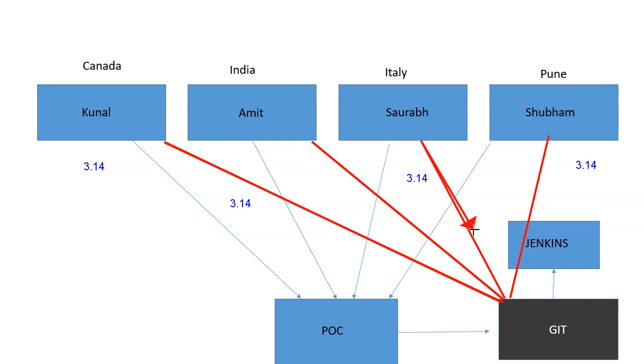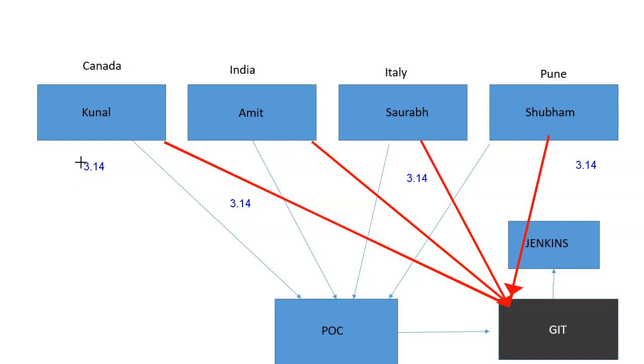And Saurabh will also push his code back to git. And Shubham will also push his code. Okay, back to git, right? So POC is just a project which will be ultimately pushed into git. Okay, and the code will be available in git only. So after they have completed their work, they will push their code into the git repository.